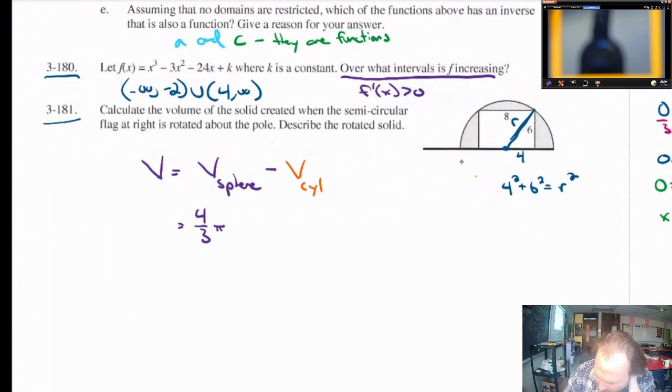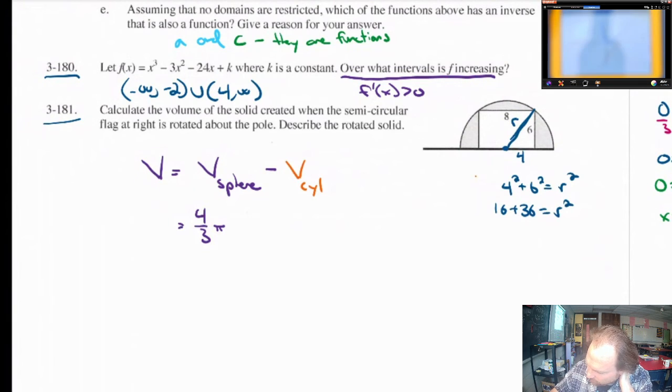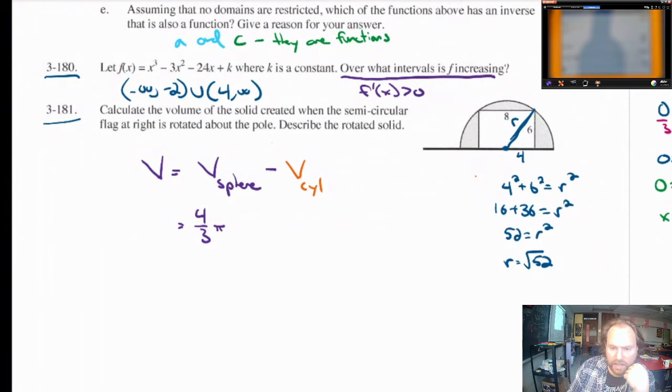Got to use a little Pythagorean theorem to get there. That's going to be 16 plus 36 equals r squared, which is 52, which is not a perfect square number. That's okay. R is the square root of 52. It's going to get cubed in my equation in a minute anyway, so that's going to be the square root of 52 cubed.